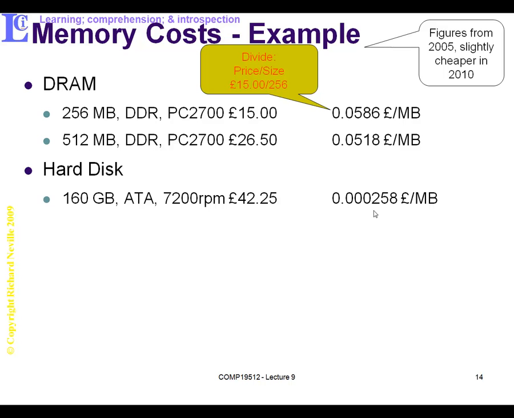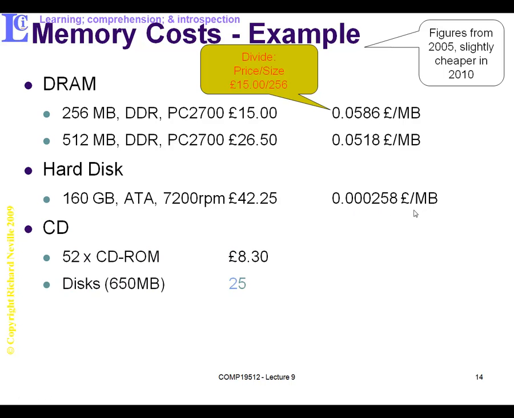So that means the cost per megabyte was 0.000258 pounds per megabyte. It's much, much cheaper than this DRAM. So now you're starting to see the price differentials for the cost of memory per megabyte. And you see the hard disk is extremely cheap per megabyte.